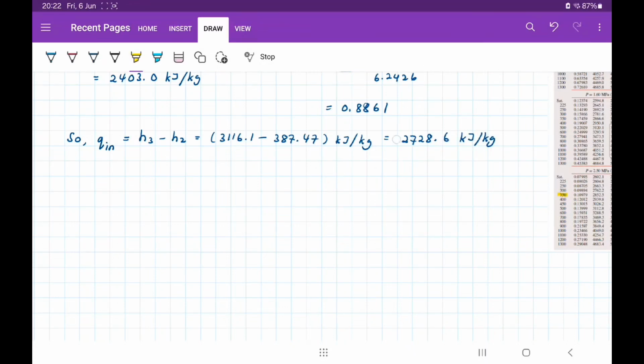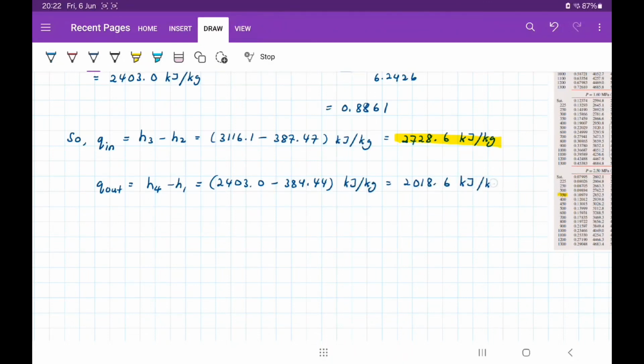We are going to need this value to determine the thermal efficiency. And Q out is equal to H4 minus H1, and with the value that we determined previously, 384.44 kilojoule per kg, this equals 2018.6 kilojoule per kg.